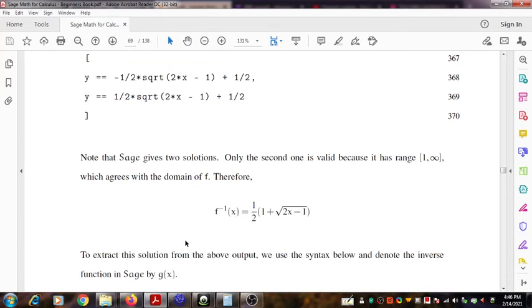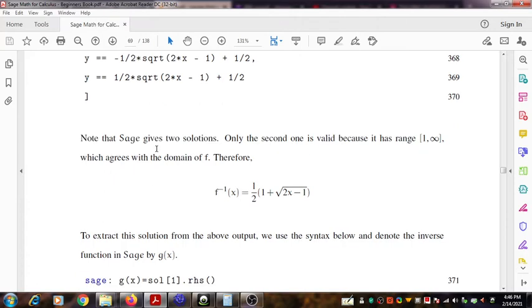So this is the inverse function: f inverse of x equal to half of 1 plus root of 2x minus 1. Note that Sage gives two solutions, two values for y. Only the second one is valid because it is in the range 1 to infinity.